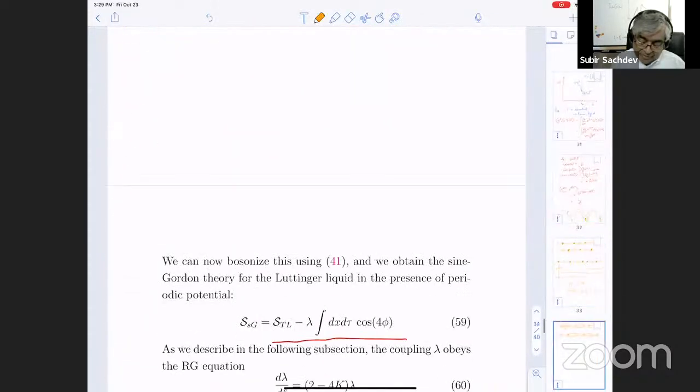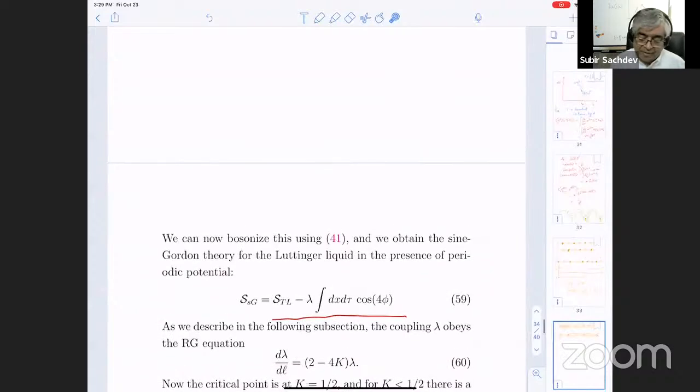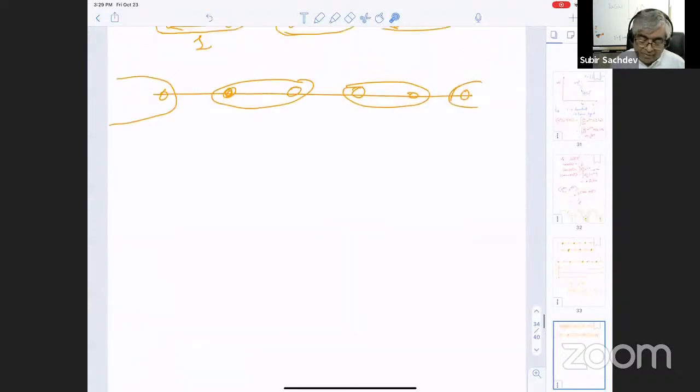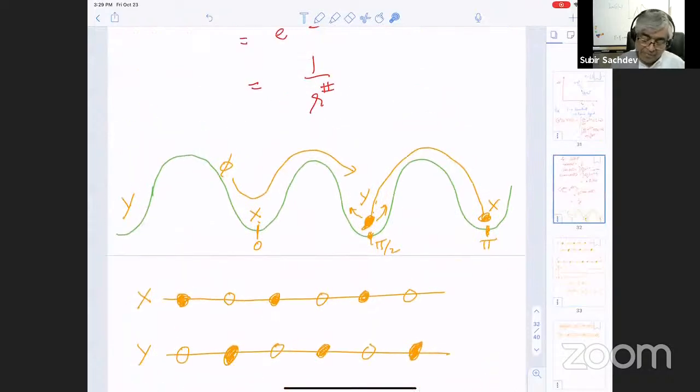If you take lambda to have the opposite sign, then the minima of cosine 4 phi will appear when 4 phi is pi or differs from pi by integer multiples of 2 pi. So basically, that's equivalent to taking this potential here and flipping it. If you flip it, then this point here will become a minimum.